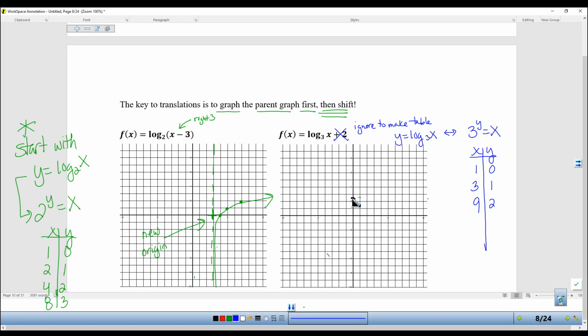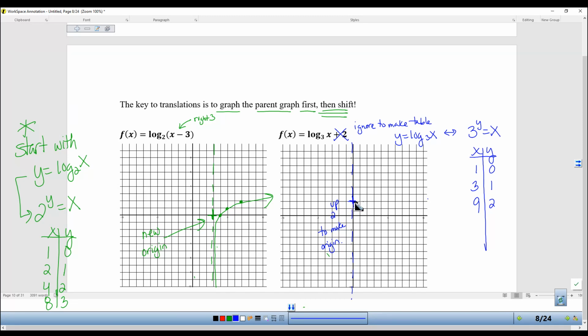So my new origin is going to be up 2. Up 2 to make the new origin. So that's my origin, which means this is going to be my asymptote. So notice that it didn't move because I just went up. The asymptote is only going to move when you move left or right.